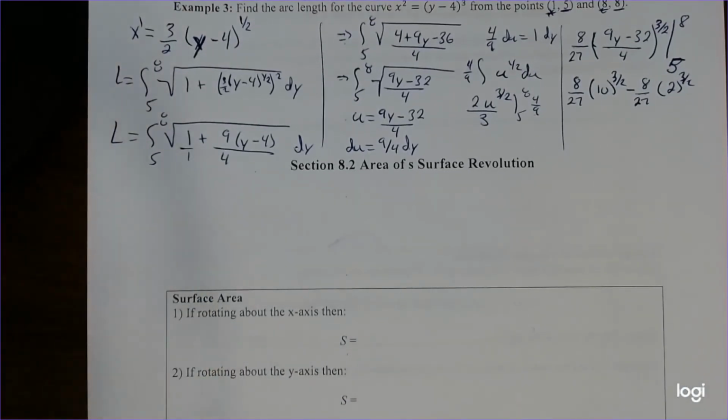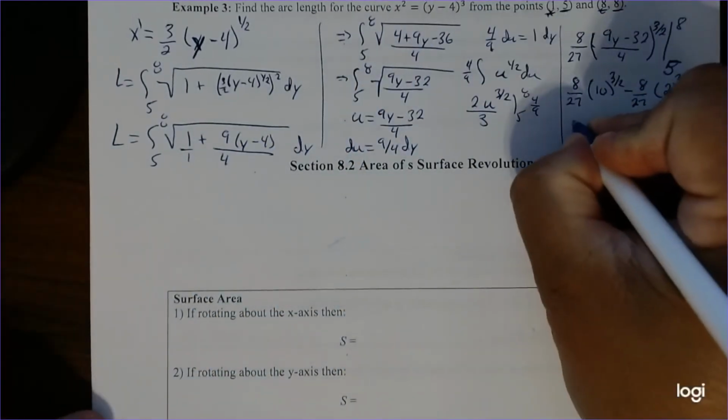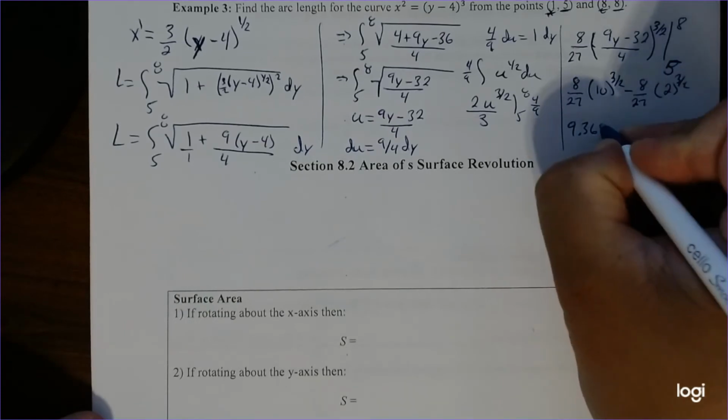Which could be a horrible mess, right? But let's see what we get. Let's see. So 10 raised to the 3/2 power times 8 divided by 27 gives us approximately 9.36. It's like 9-ish.